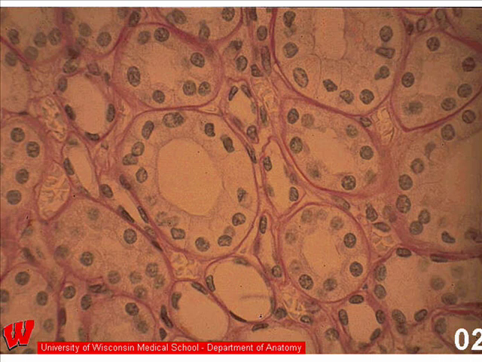This first image is a medium to high magnification light micrograph of epithelia, and what we want you to see here are three different types of simple epithelia.